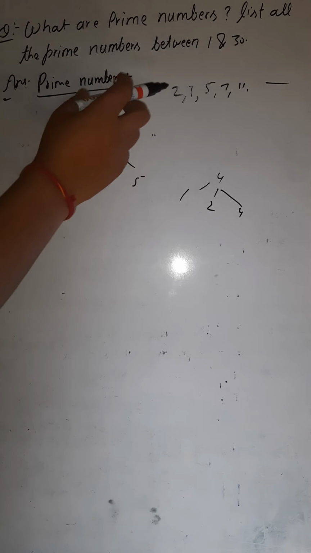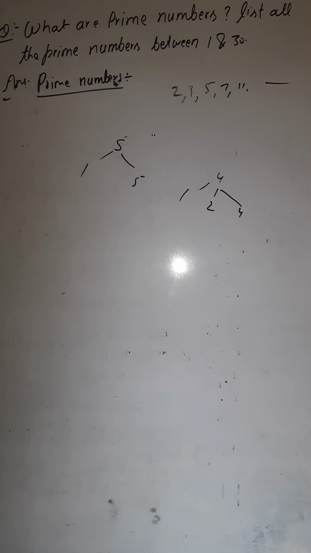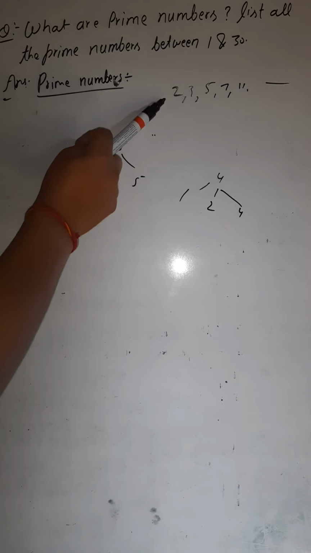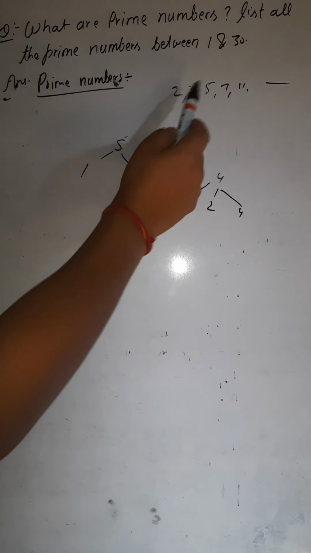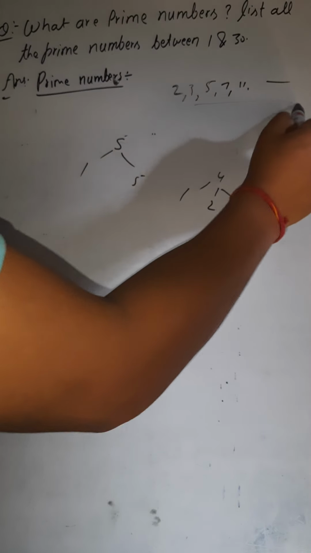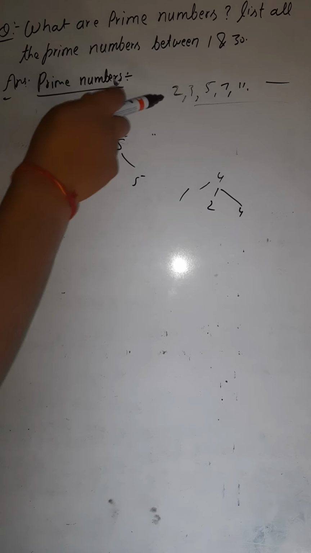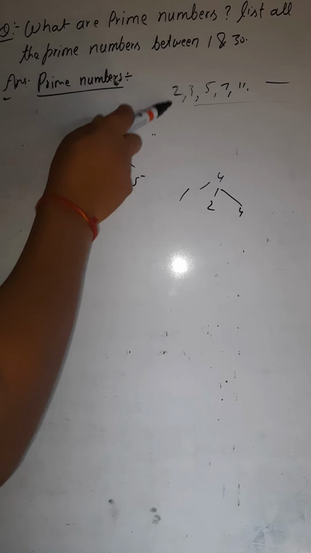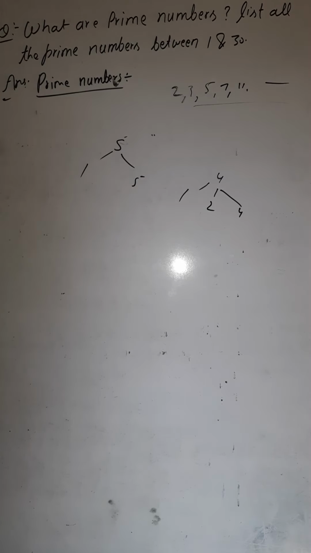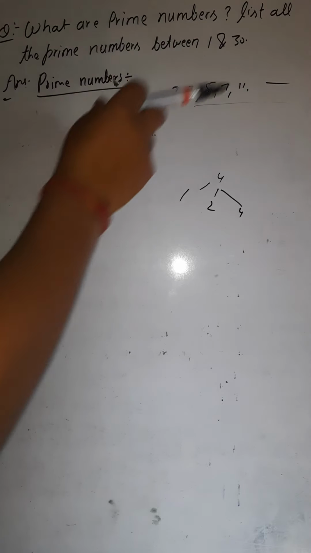The smallest prime number is 2. And one more thing, let me tell you: 2 is the only prime number which is even. The rest of the prime numbers are odd.